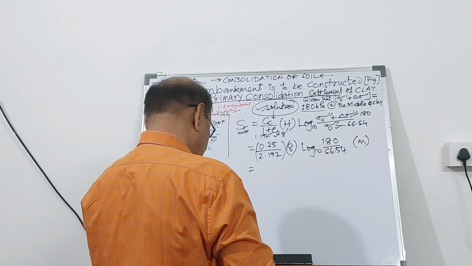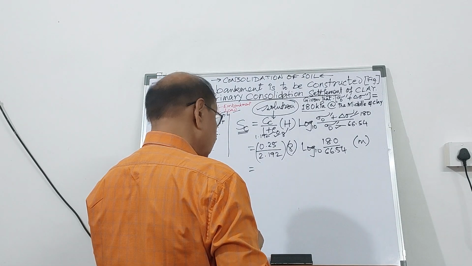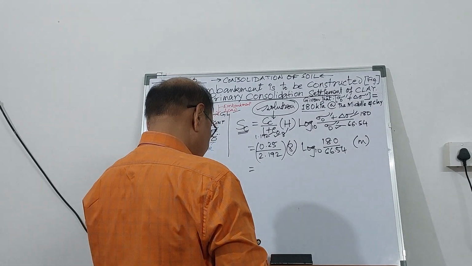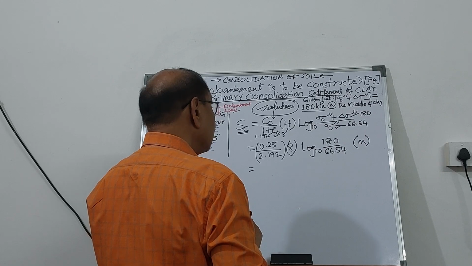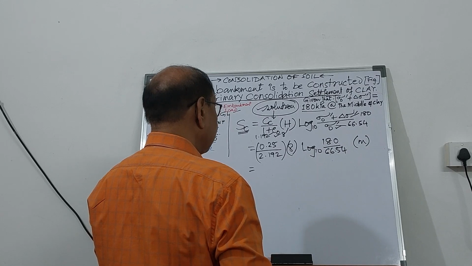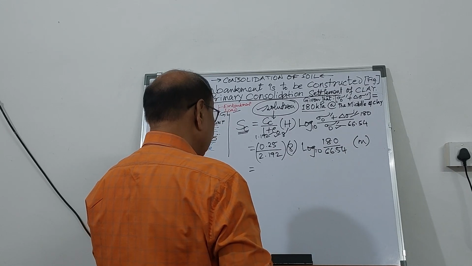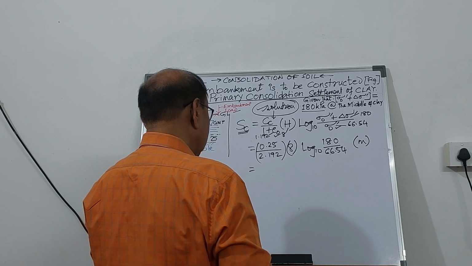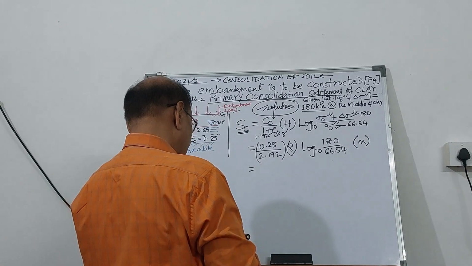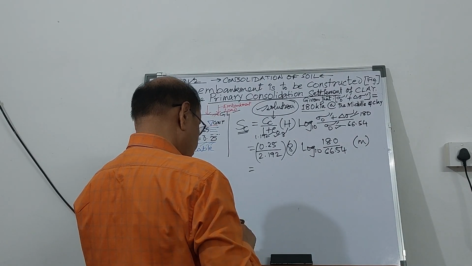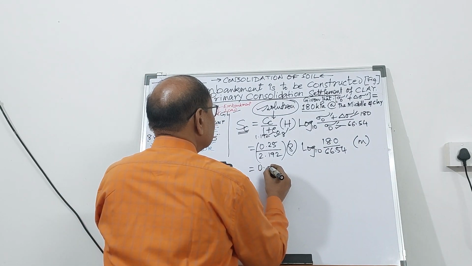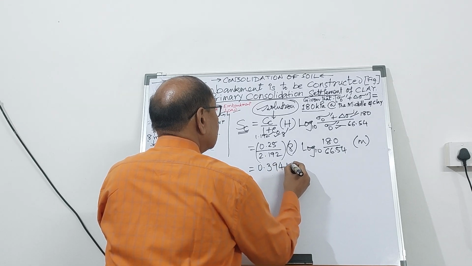Log of 180 divided by 66.54, multiplied by 8, multiplied by 0.25, and divided by 2.192 is 0.394 meter.